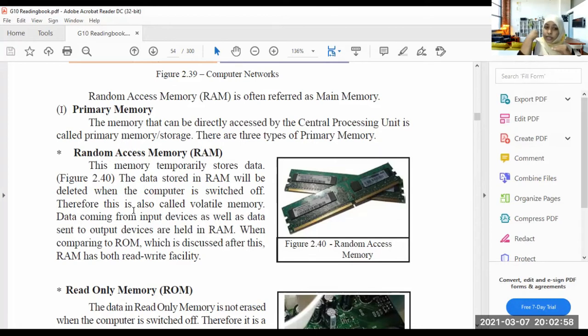Whatever data is input to the computer, or sent to output devices, is held by this random access memory. And in RAM we can read and write data. It has both facilities. Understood about the random access memory?